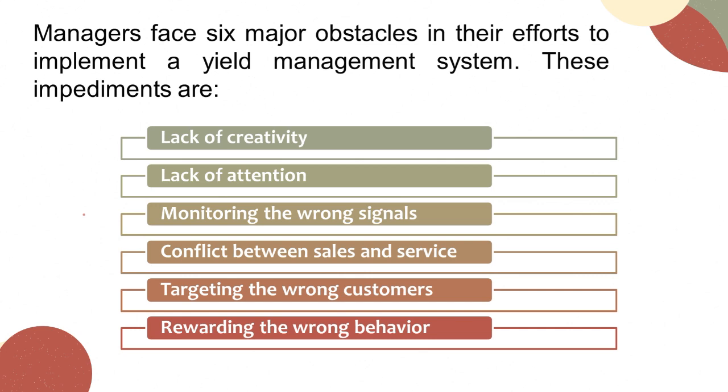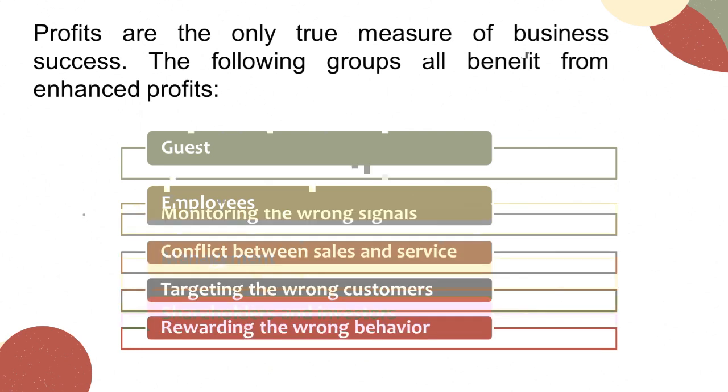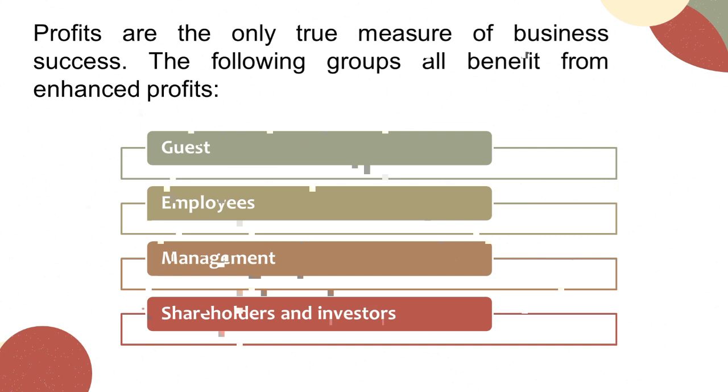Lalong-lalo na pagdating sa kitchen, di ba, sa food and beverage restaurant, baka mamaya hindi standardize yung mga recipes, paulit-ulit na lang yung ino-offer natin na food. So with regards to the operating procedures, if there is a lack of creativity, there should be training sessions para nang sa ganon is mailabas natin yung creative side, yung mga skills, yung mga knowledge ng ating mga employees.